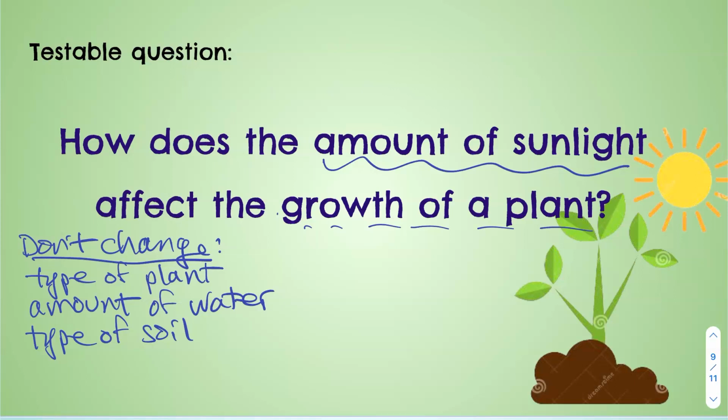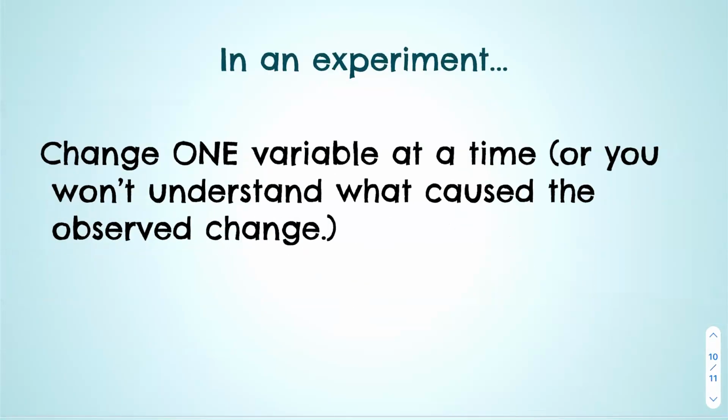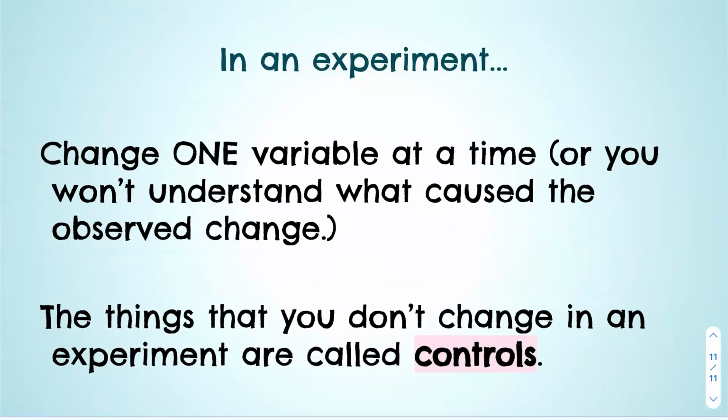So these don't change. We call these the controls. So control is another type of variable. It's the variable that you don't change. These are the controls. So in an experiment, change one variable at a time, or you won't understand your outcome. You won't be able to figure out what your numbers mean. And again, the things that you don't change are called the controls. All right, excellent.